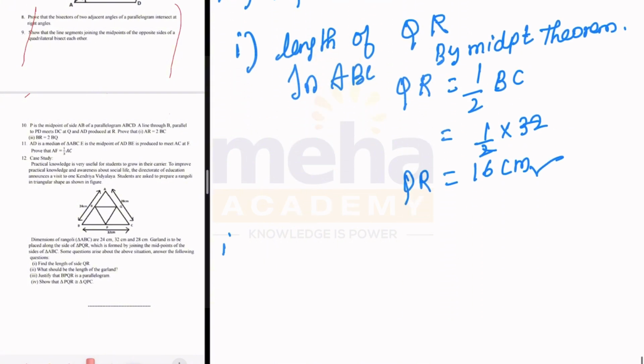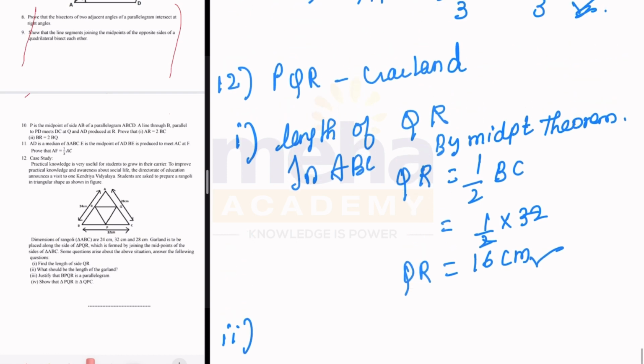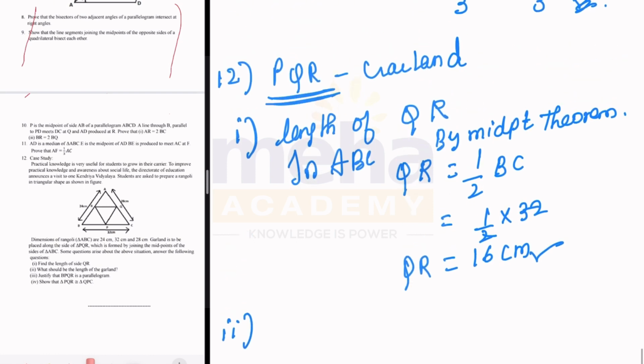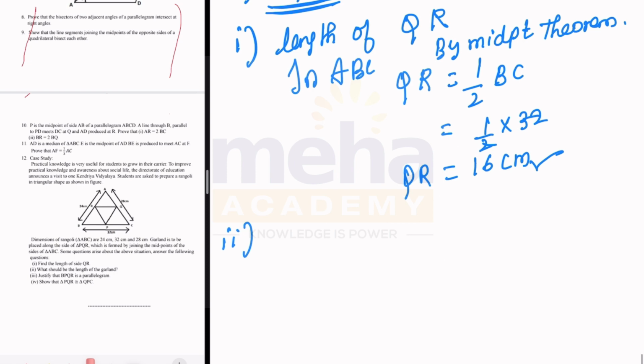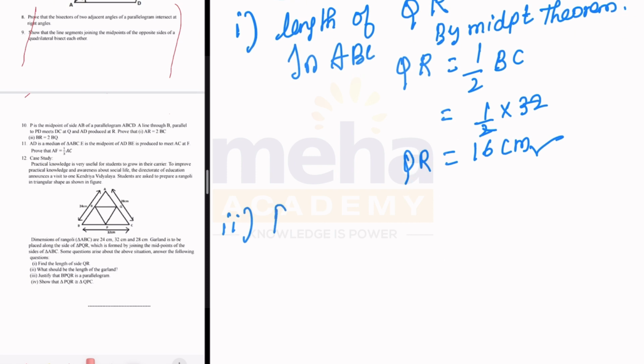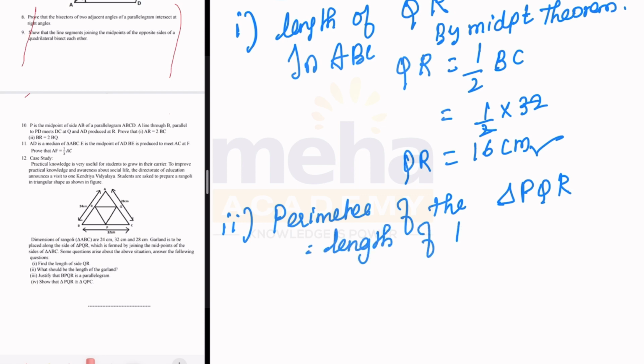Second question, what should be the length of the garland? As we know, the triangle PQR is the garland. So perimeter of the triangle PQR gives the length of the garland.